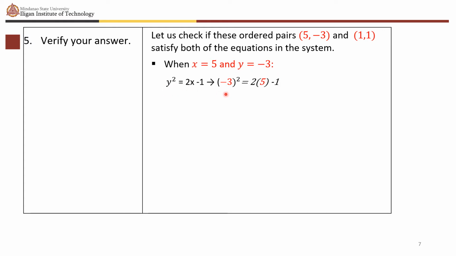So you will have -3, the quantity squared, equals 2 times 5, minus 1. And notice that -3 squared is 9, and this is equal to 2 times 5, which is 10, minus 1 is also equal to 9. So that means to say it is true.